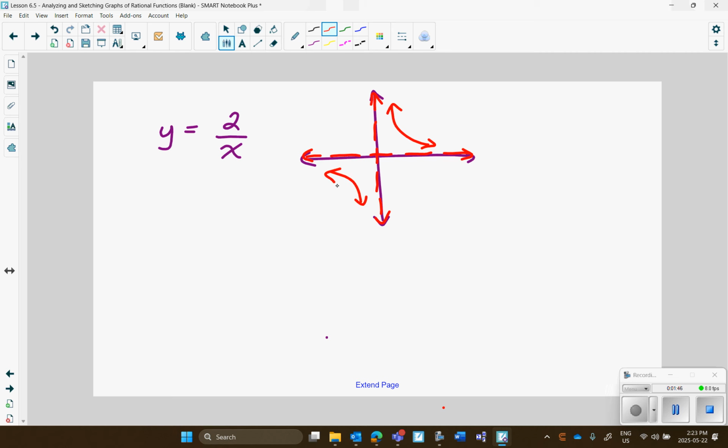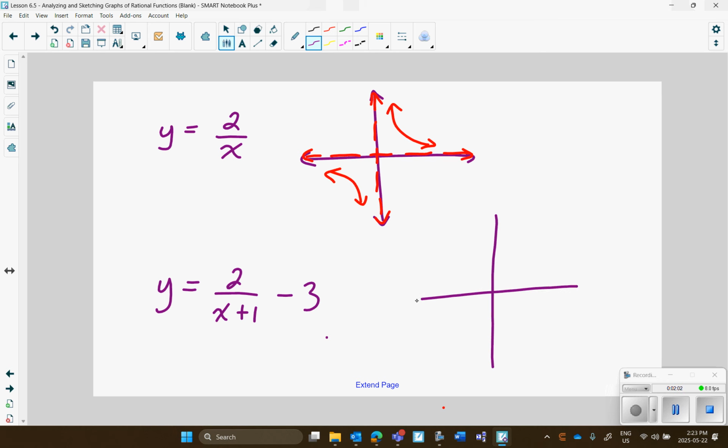Then we have one that has some numbers attached to it. Do you remember what those numbers did? What's that? No, that's not it. We're going to talk about that today. It moves. What does it move? The graph and the asymptotes, both of them.